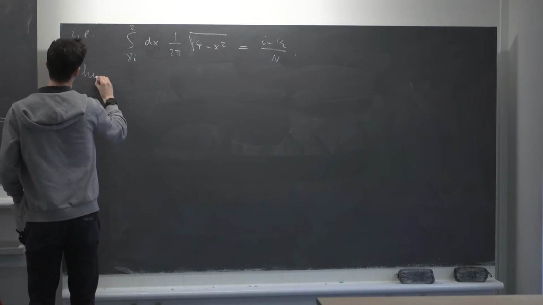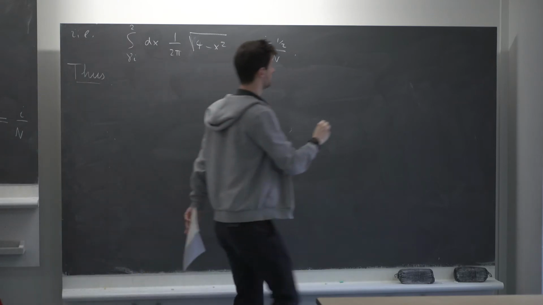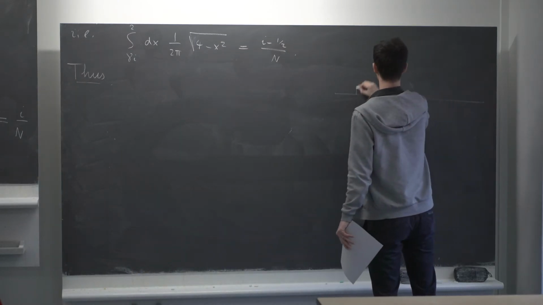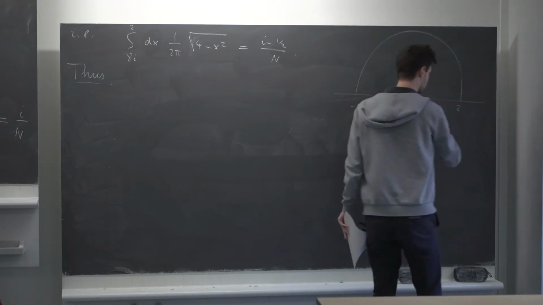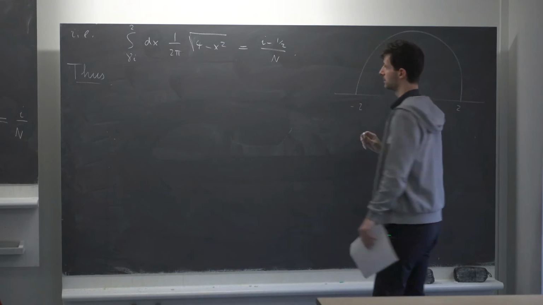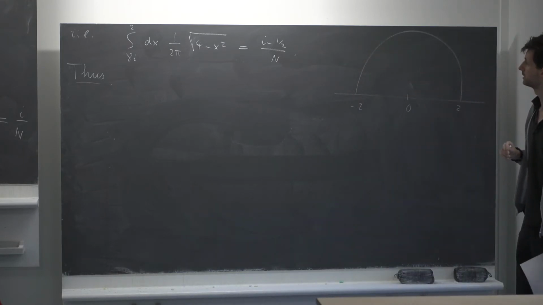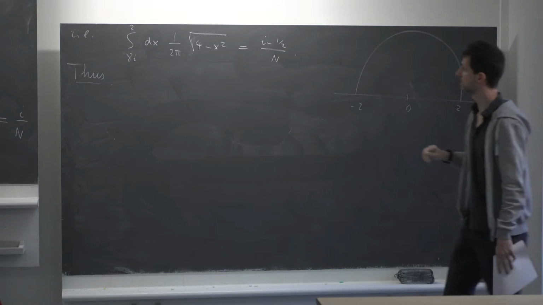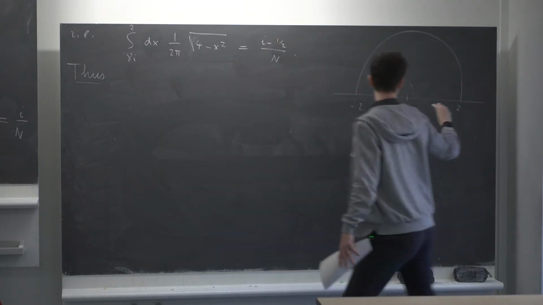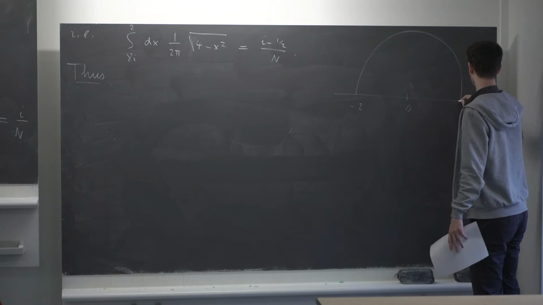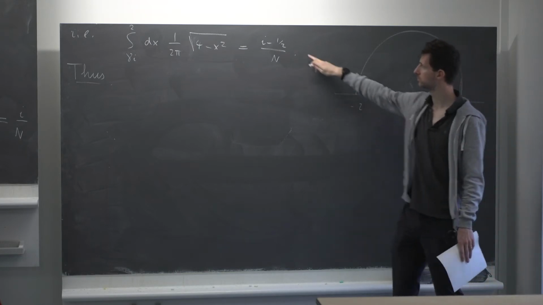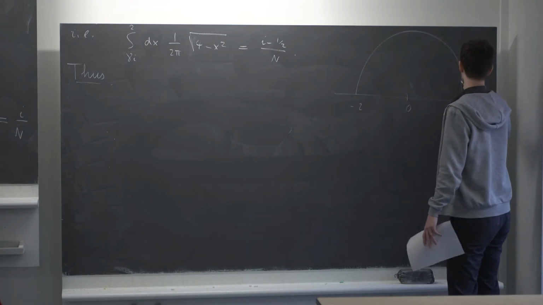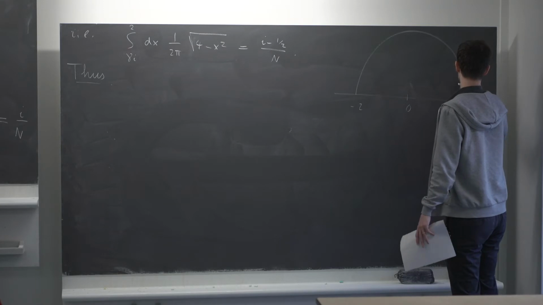So maybe I can try to draw a picture. Where is gamma 1 going to be located? It's going to be located at the point such that the mass between gamma 1 and 2 is equal to 1/2 over n. Maybe I should make my n a bit bigger.